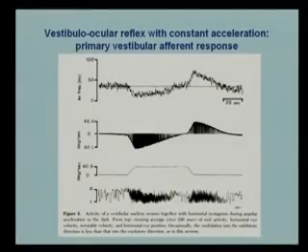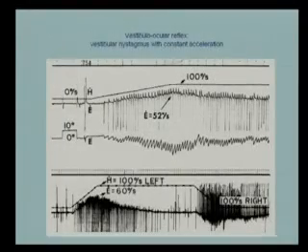And it is for this reason that we can even think of the eyeballs as being speedometers for the semicircular canals. The speed and direction of the eye movement closely reflects the speed and direction of angular acceleration on the semicircular canals. The eyes are the speedometers for the semicircular canals.